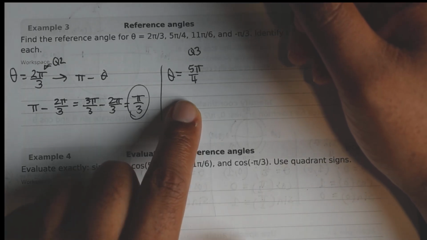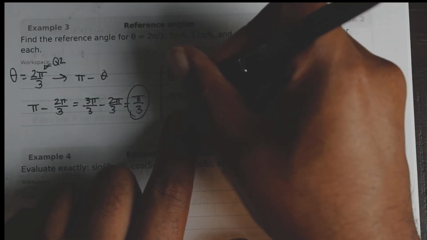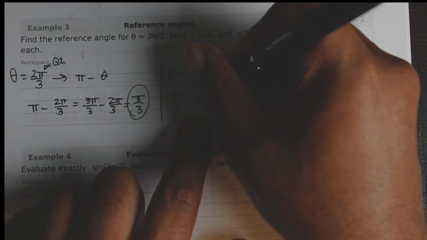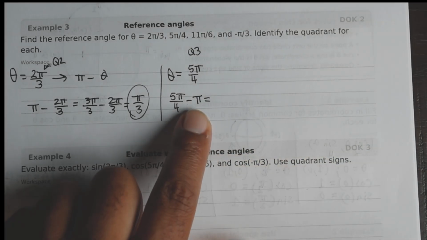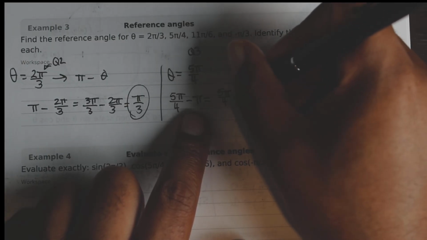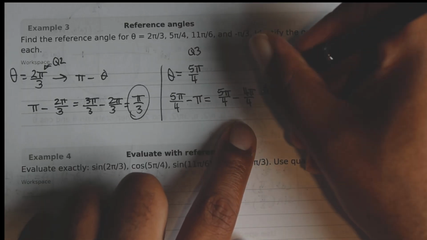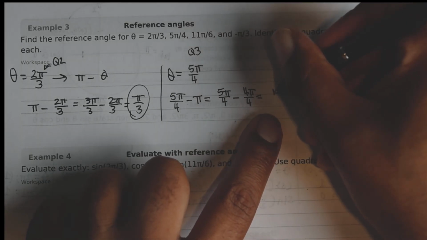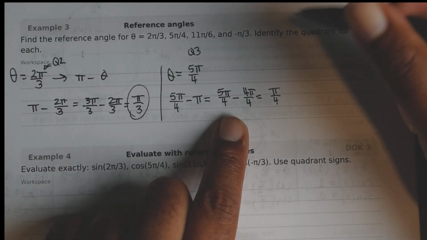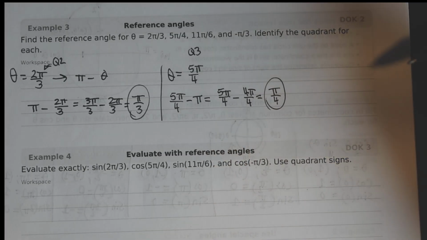So we're going to do 5 pi over 4 minus pi, and you have to have common denominators here, so we multiply the numerator and the denominator by 4, which simplifies to pi over 4. Okay, so this one is in quadrant 3, and the reference angle is pi over 4.